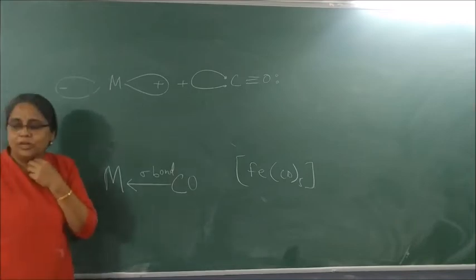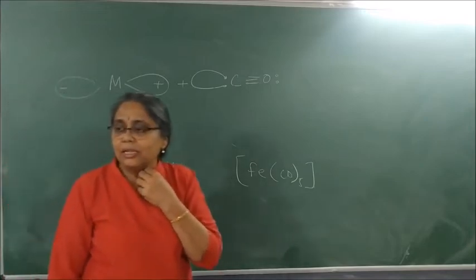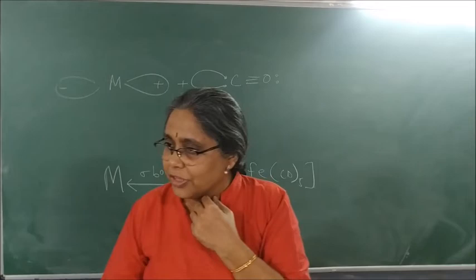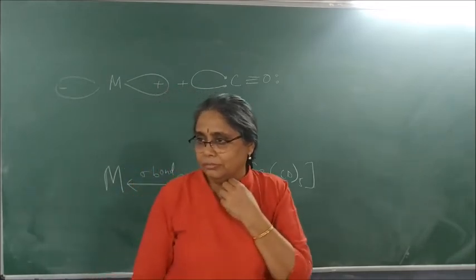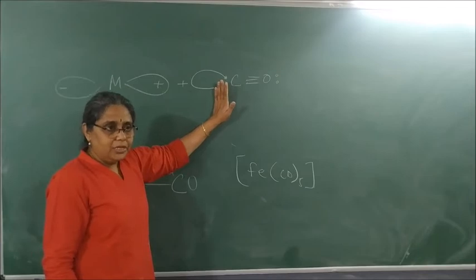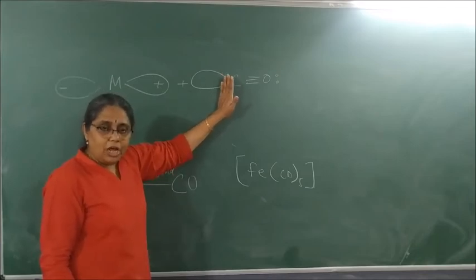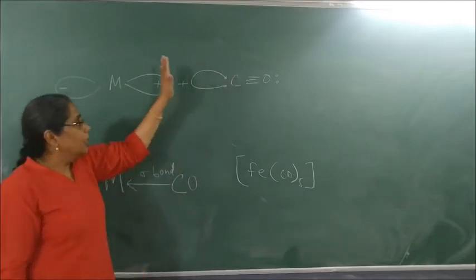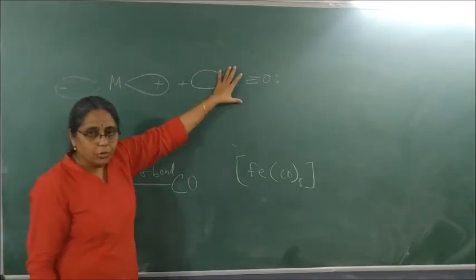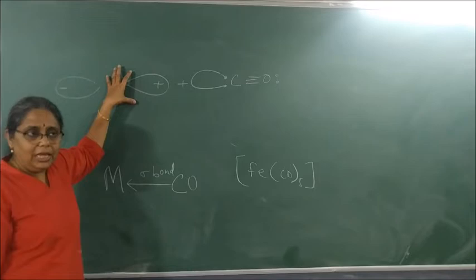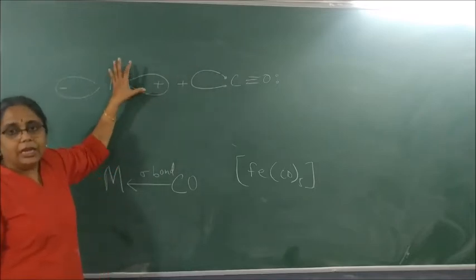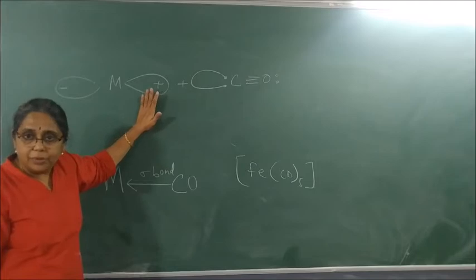How do you do Lewis structures? Didn't you hear about Lewis structures last year? Draw the Lewis structure of CO. So lone pair electrons will be present. These lone pair electrons are donated from carbon to the metal atom. So this is a dative bond because this is the donor atom and this is the acceptor atom. If this kind of a donation happens, it is called as sigma bond.